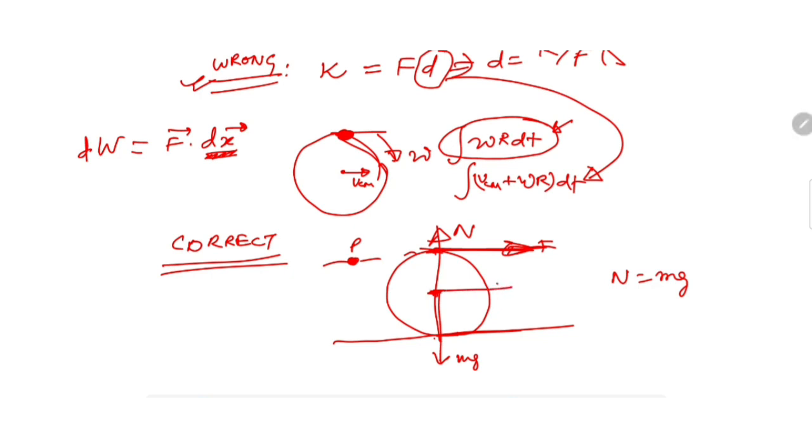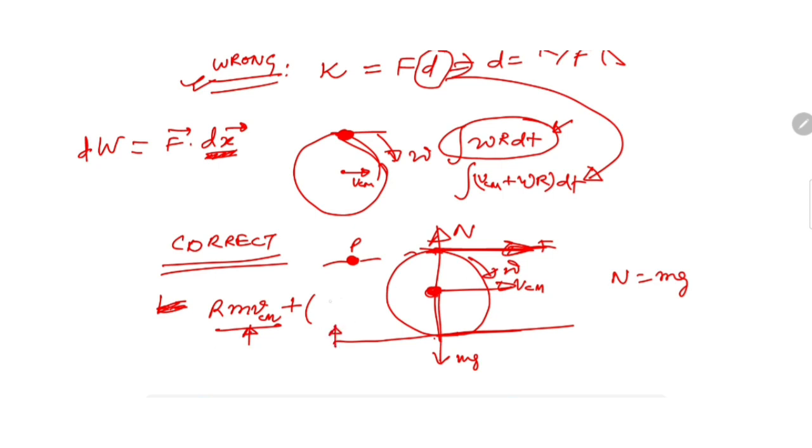So if the disk is translating with vcm and rotating with omega, angular momentum will be conserved, so I can write r cross mv plus Icm into omega. See, Icm into omega direction is reversed, because this component of angular momentum is of the center of mass, and this component is about the center of mass.